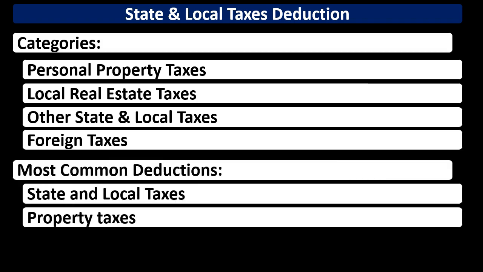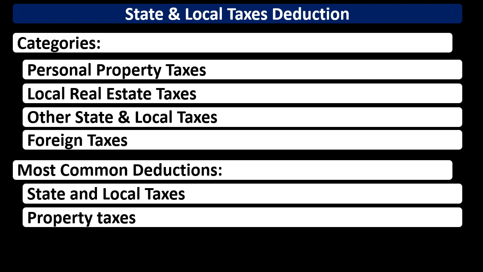Of those, the most common or the largest amounts that will be most beneficial to many taxpayers will be the state and local taxes and the property taxes, typically on individuals' homes. So the state and local tax will typically be the amount we pay if we're in a state that has taxation.